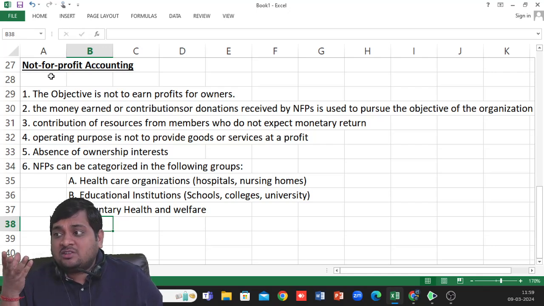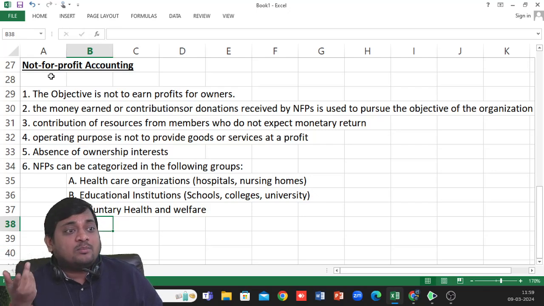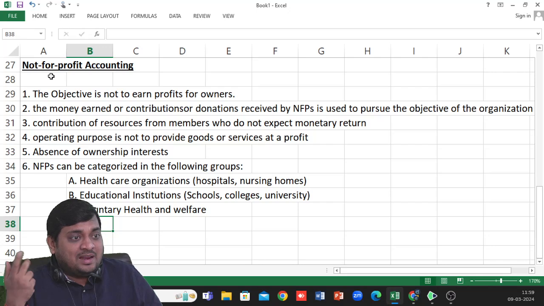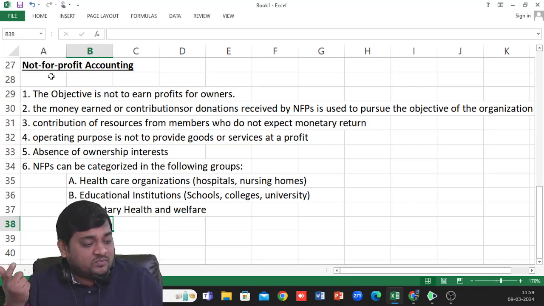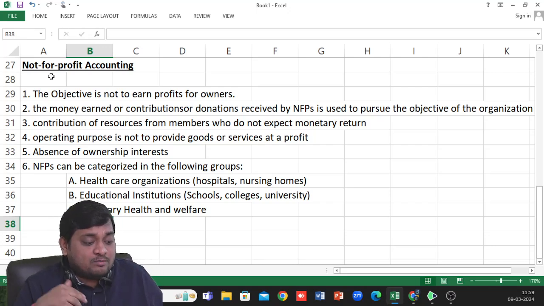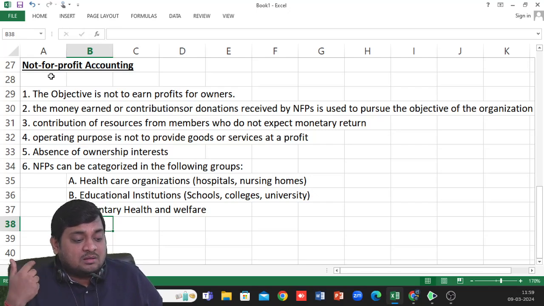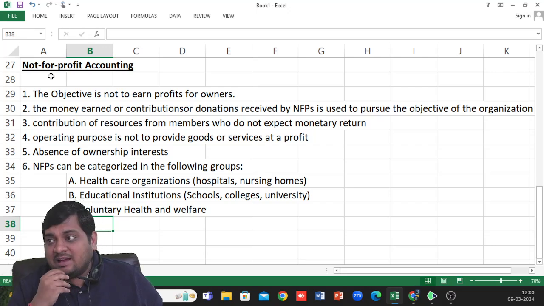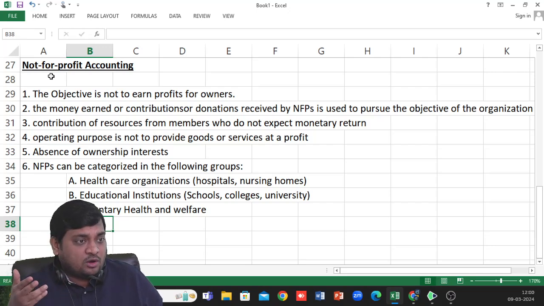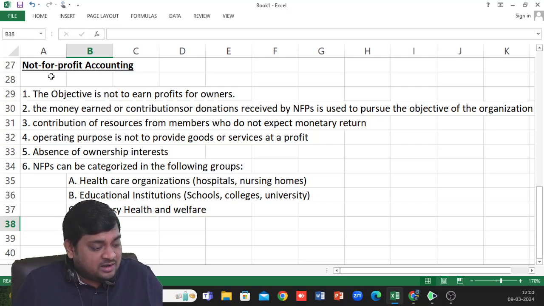This particular organization is created to carry out accounting profession in US. Like in India, we have ICAI, right? So, like we have museums, libraries, labor union, right? So all these are not-for-profit organizations, but these are not covered above, right?